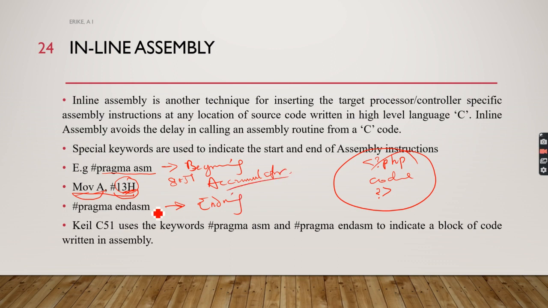Okay, so C51 uses these keywords, if you want to do this using this particular IDE, to indicate a block of code that you write in assembly. Okay, so that is it.